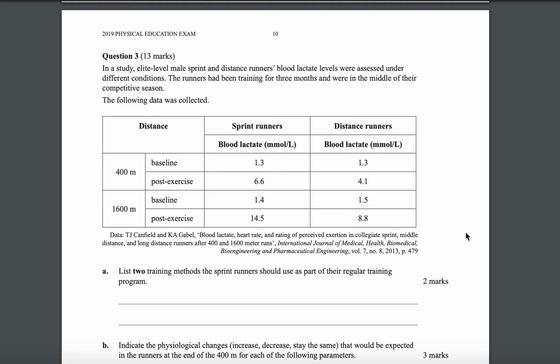The following data was collected. Now, I'm being presented with some explicit information here. Millimoles per litre, blood lactate levels, actual numbers. Am I going to be asked a question like, in the 400-metre run, what was the baseline blood lactate level of a sprint runner, where I explicitly answer 1.3? Or is this data implying or inferring from the data that's given above that I need to take knowledge from somewhere else?